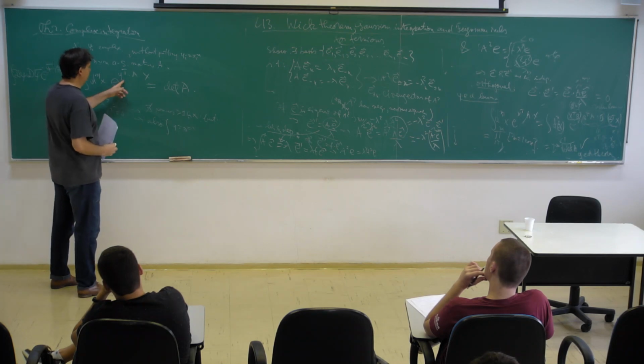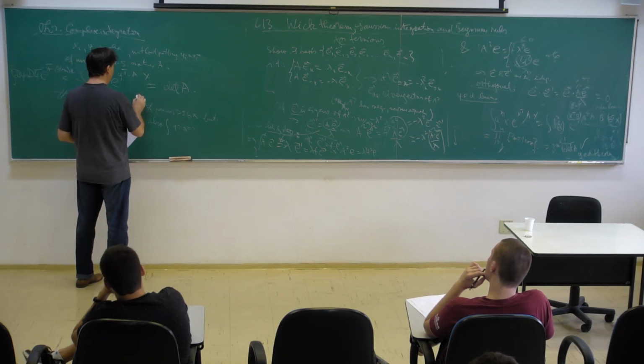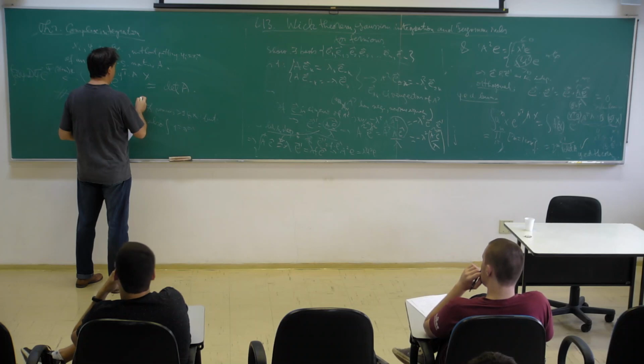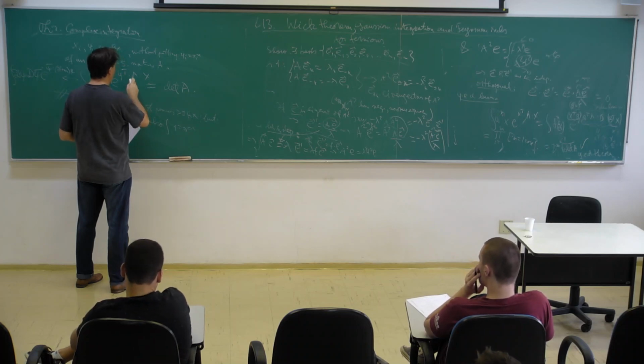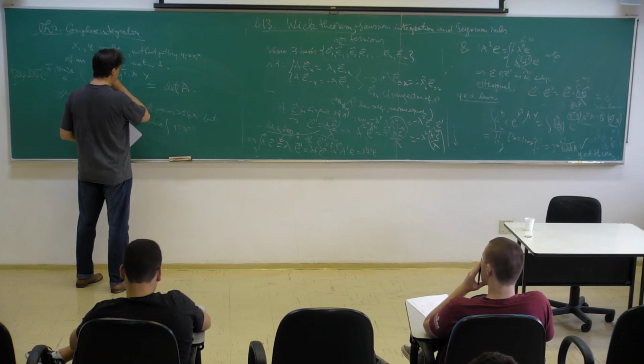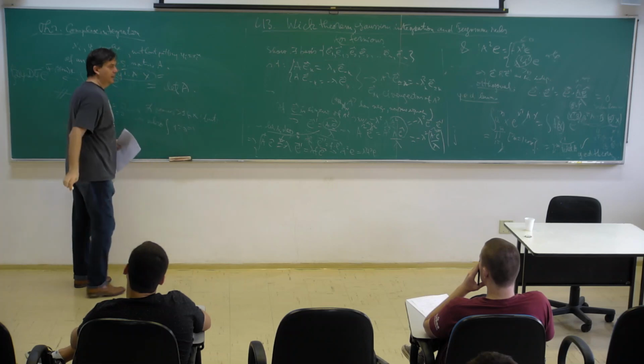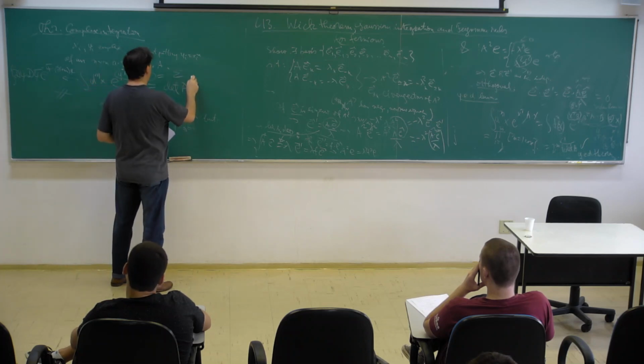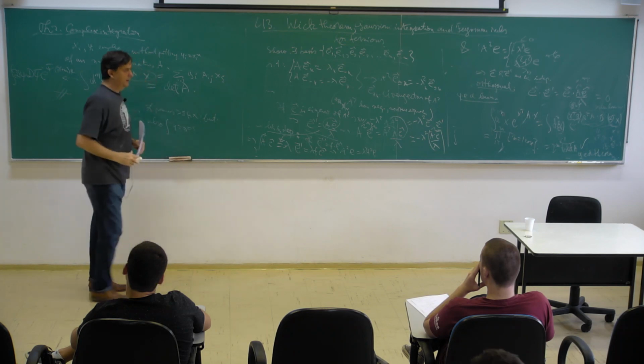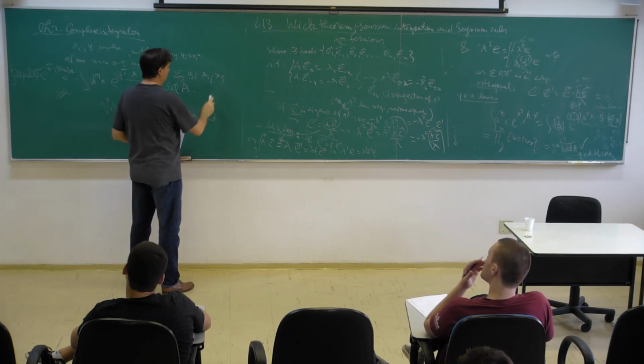So let me say it like this. This is a sum over i and j, yi, aij, xj, right? So it's a sum of terms.